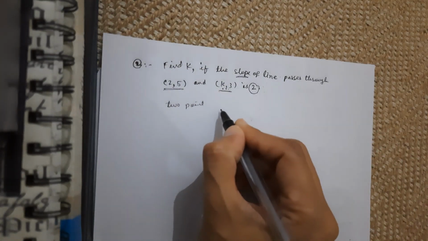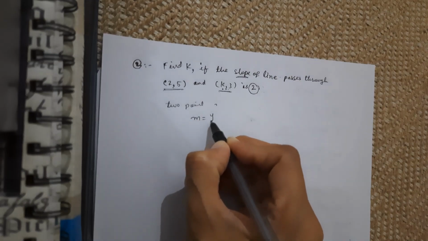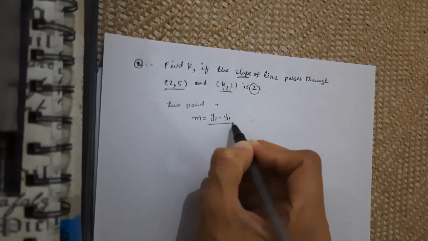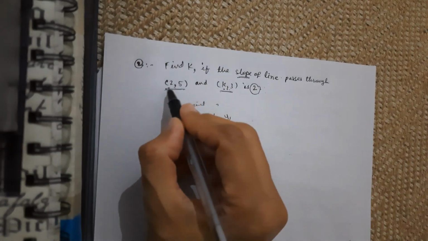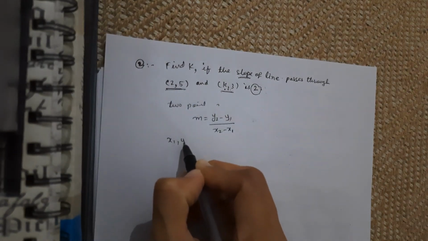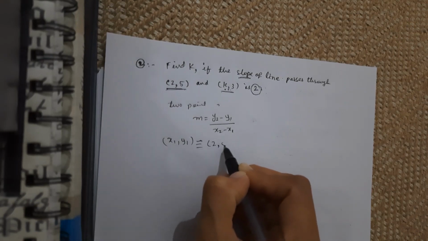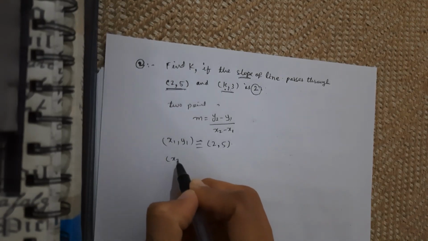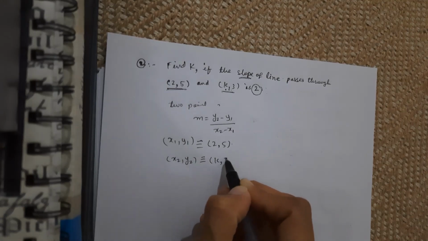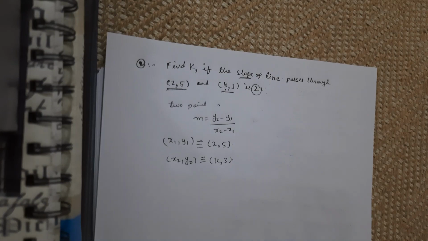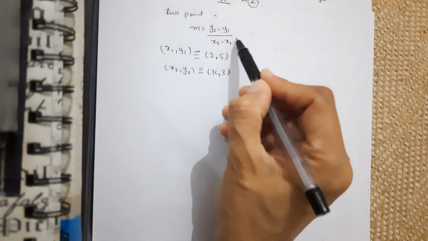The 2-point formula for slope is m equal to y2 minus y1 upon x2 minus x1. Here I am taking x1, y1 as 2, 5 and x2, y2 as k, 3.